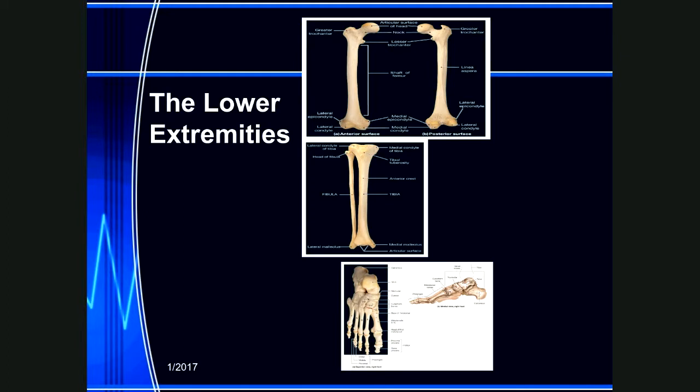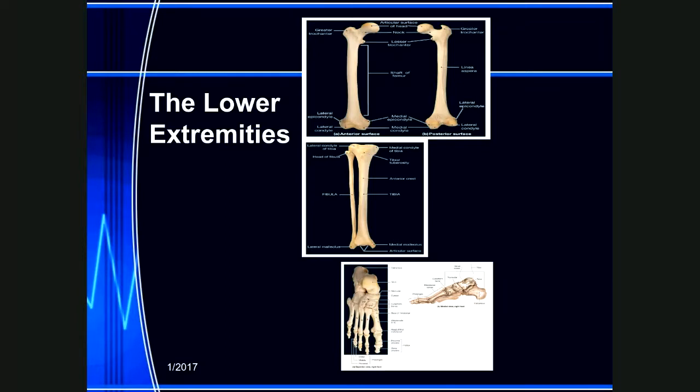The ankle connects the tibia and the fibula to the foot. The lateral malleolus, the lower end of the fibula, and the medial malleolus, the lower end of the tibia, are the protrusions of the ankle.